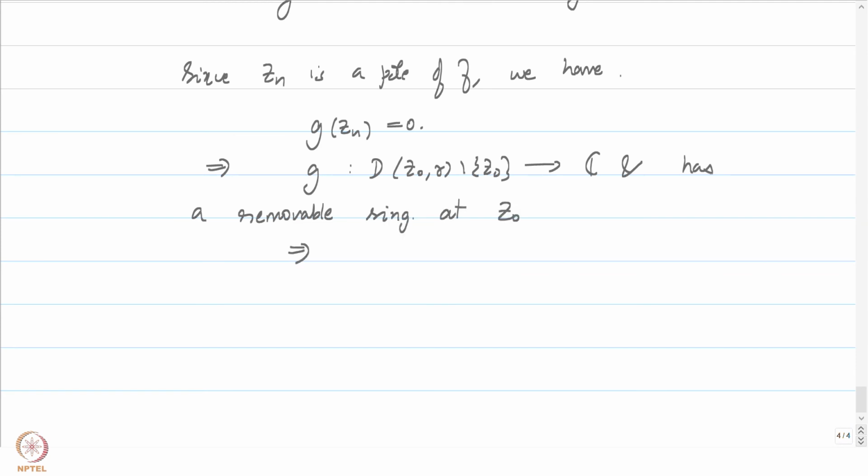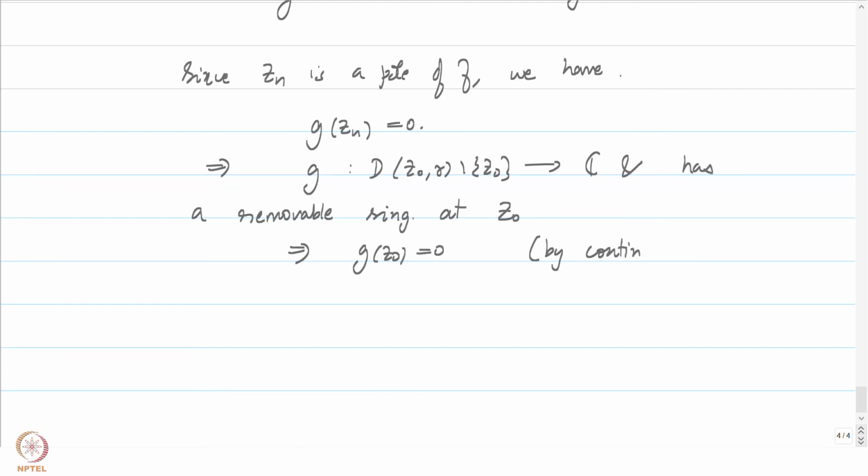So you can extend past z0 as well. We know that each of the g of zn is 0, and as zn converges to z0, by continuity g of z0 is equal to 0.